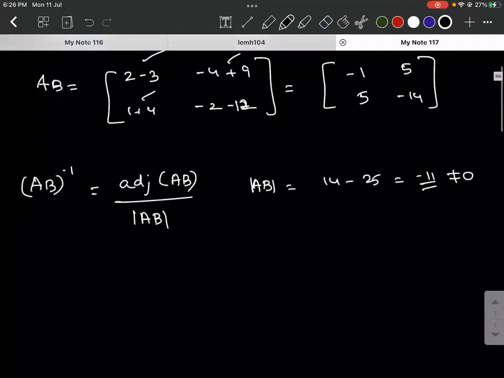So what is the adjoint of AB? 14 or minus 14? Sir, it's minus 14, right?